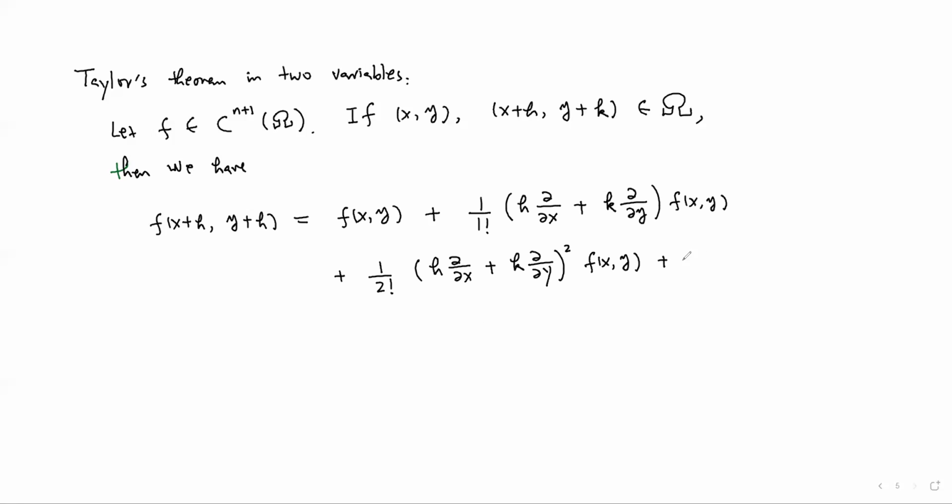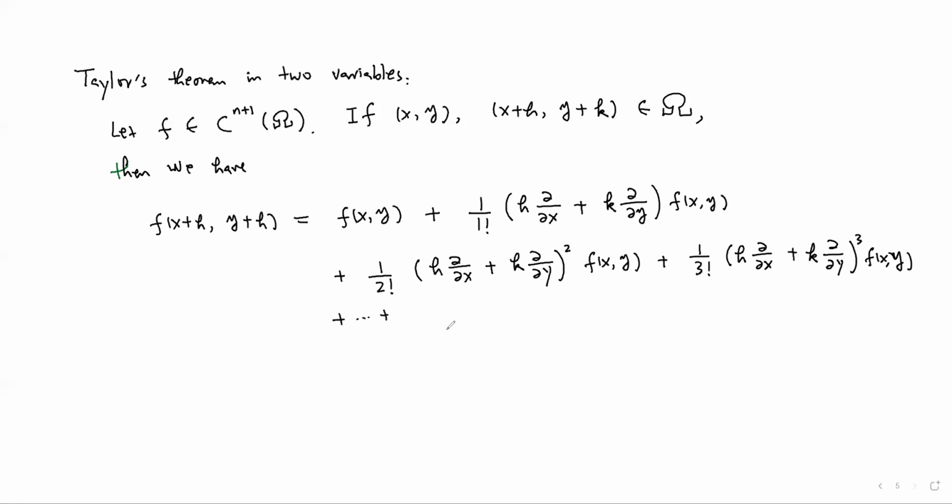And plus the third term, 1 over 3 factorial (h partial x plus k partial y) to the third power of f of x, y, and so on.